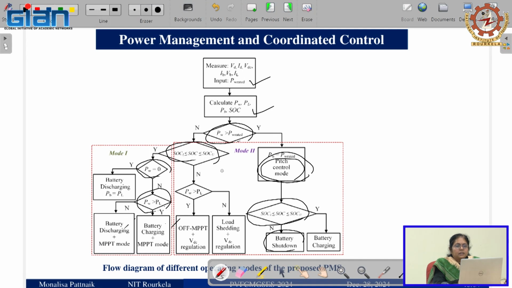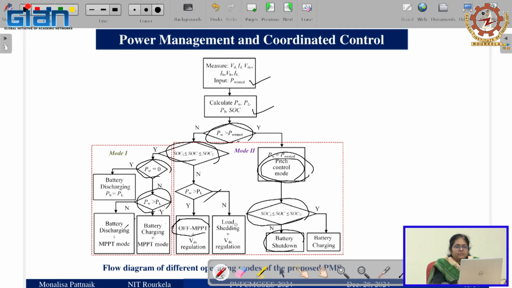Another case is when the SOC is not within the limit, either overcharged or discharged, and wind power is more than the load power. Then you don't have storage, you cannot store it. You have supplied the load power, and otherwise the DC bus voltage cannot be maintained constant, so you have to switch to off-MPP mode.